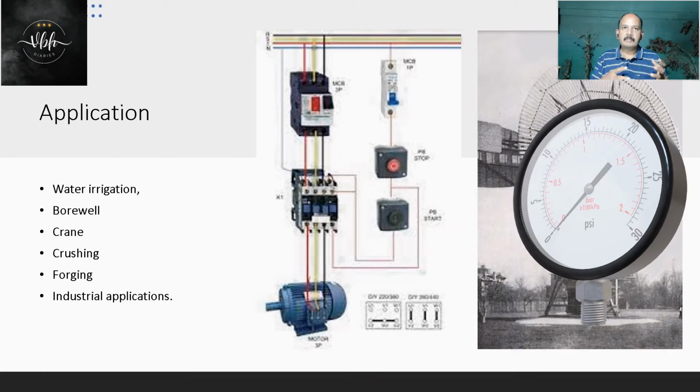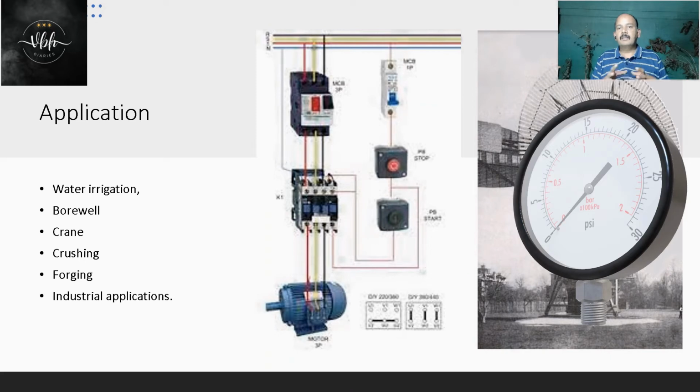It depends on the capacity of the motor and what the load is, a jerk load or a bulk load that is going to come. Based on that, we need to decide our components. And forging applications, in the automobile industry, forging, and tool and die making, all these places also use DOL starters.